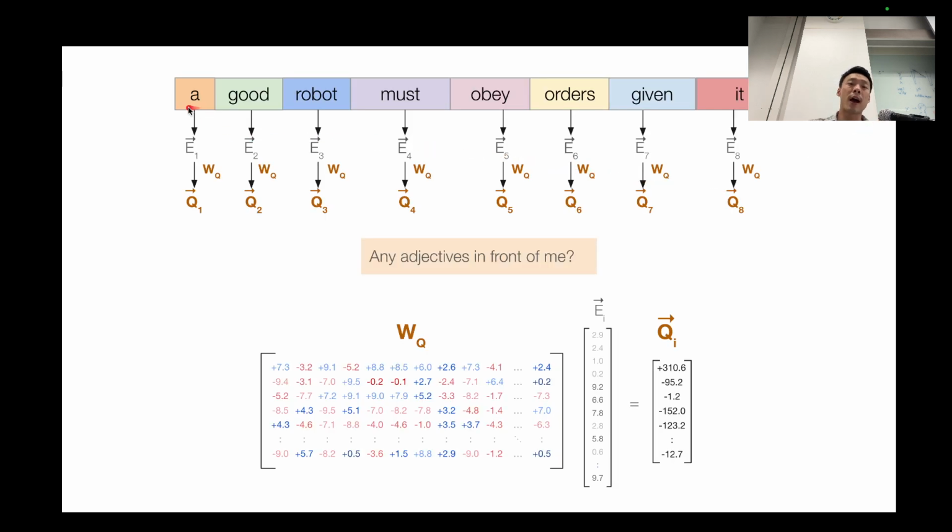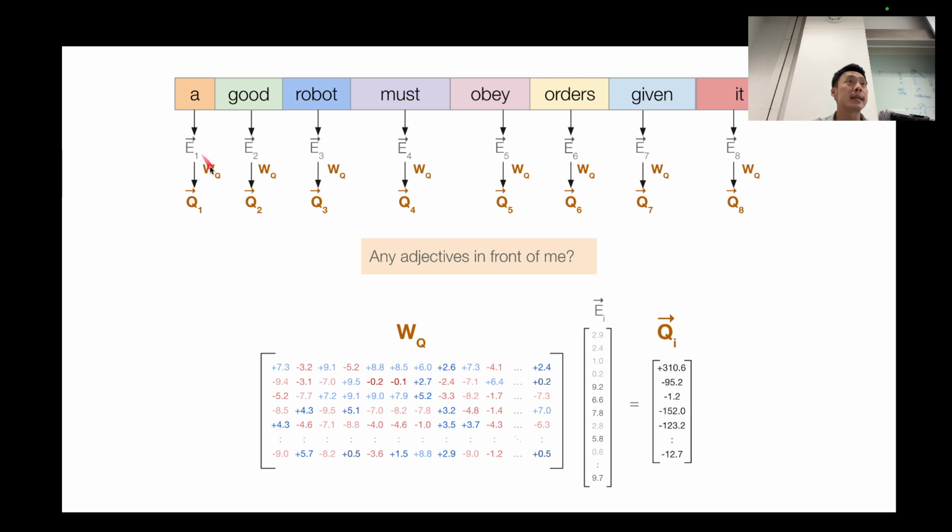So suppose you have this sentence again, a good robot must obey orders given it. You convert it into the Q, the query vector. To convert that, you first do the lookup, okay? Look it up just like what we did in Feedforward net. So for each word that is in this sentence, you look it up and turn it into the embedding, okay?